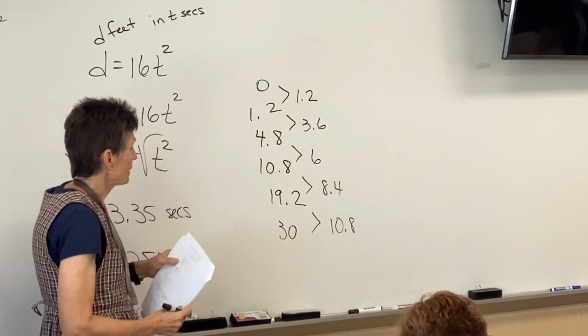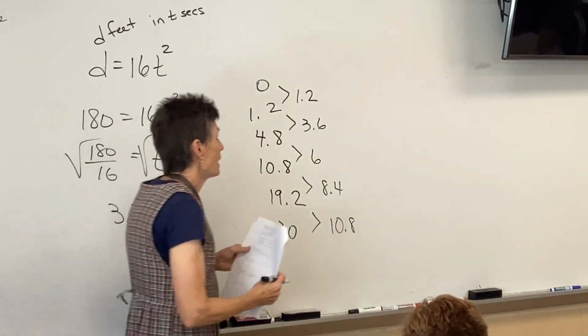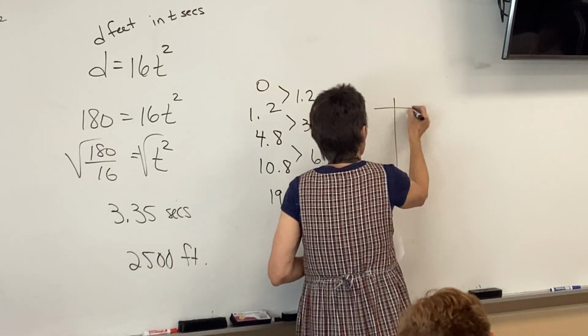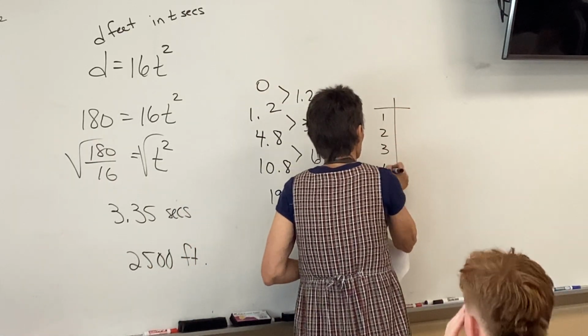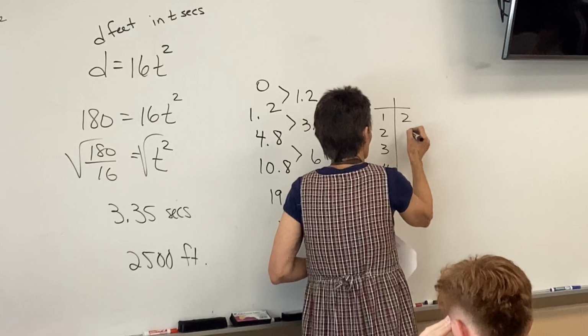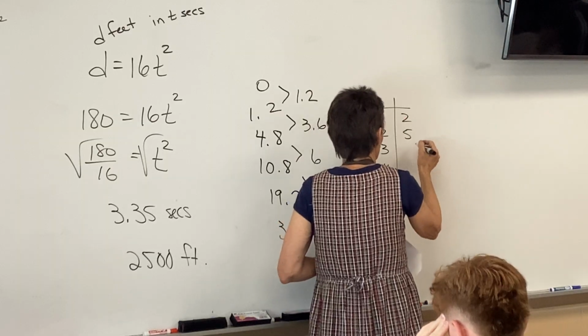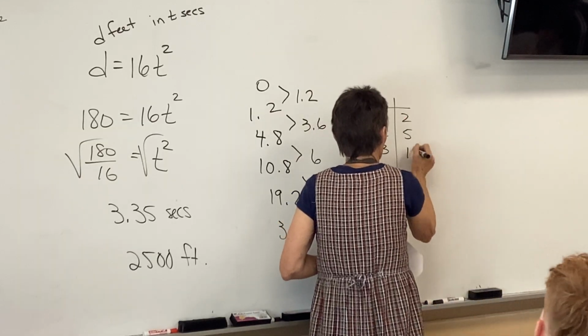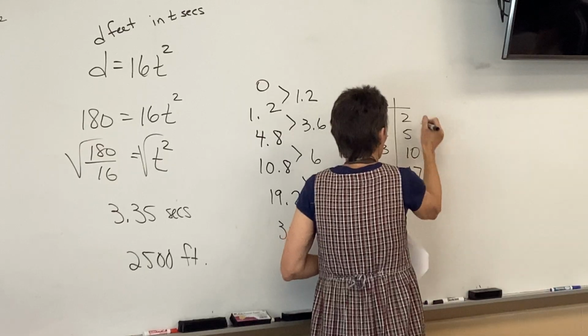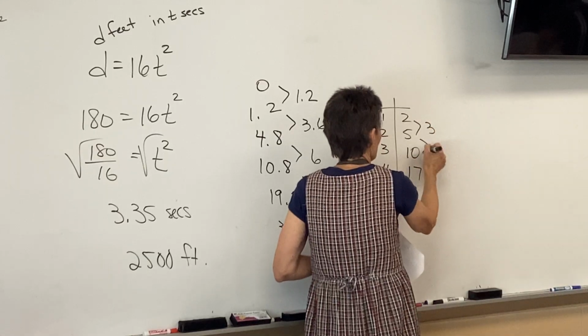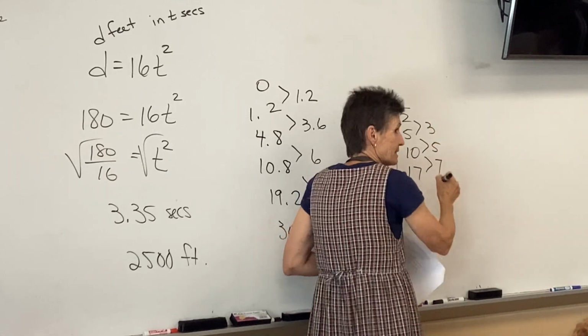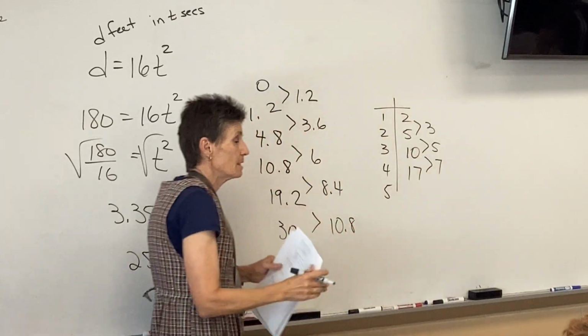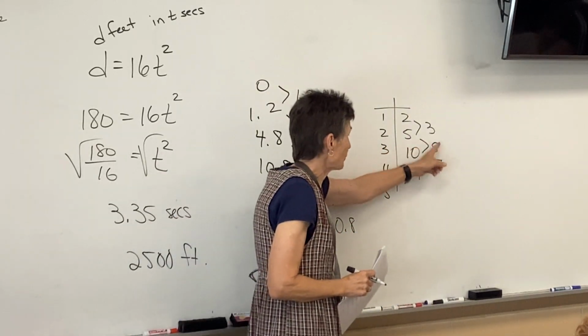Okay, you guys, a minute ago, we had something that looked like this, where we were going up by 3, and then by 5, and then by 7, right? These are each increasing by 2.